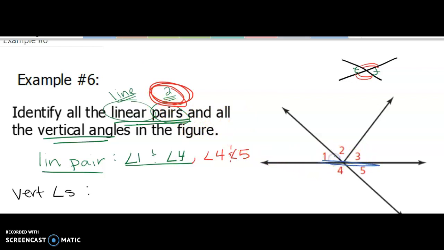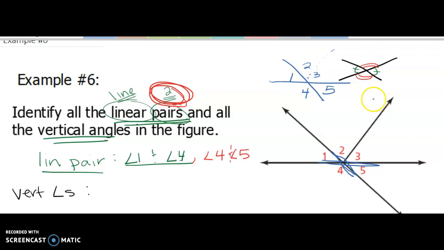This line and this line across. There we go. So this is what I would have. This is angle 1, this is angle 4, this is angle 5, and this is angle 2 and 3.